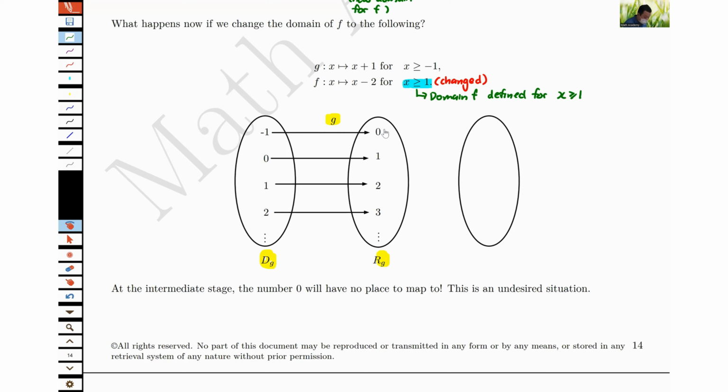So this value 0 has got a problem. Because if I would like to apply f, I cannot apply f for 0. 0 is not defined for f. We only know f's equation from 1 onwards.